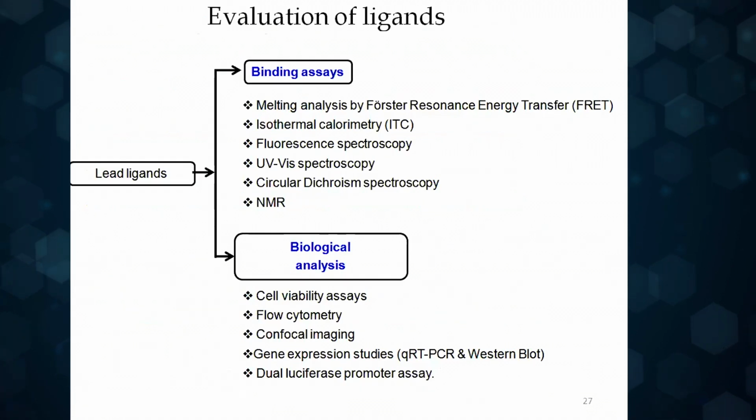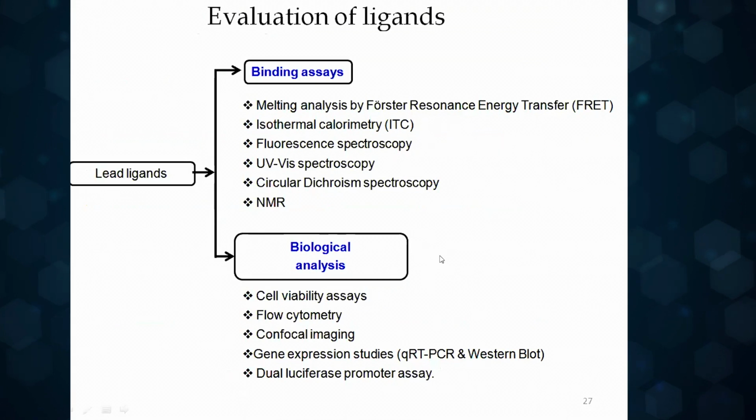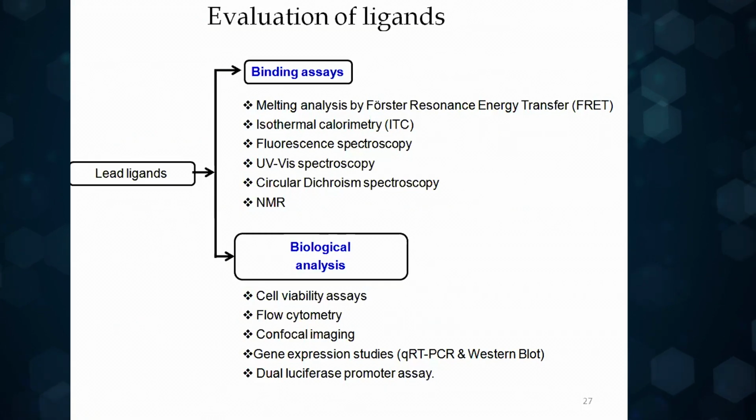So these 4 compounds were then evaluated for their potential to interact with the DNA quadruplexes and I-motifs using a series of experiments. We used fluorescence resonance energy transfer melting analysis to determine ligand-induced stabilization of folded quadruplex.